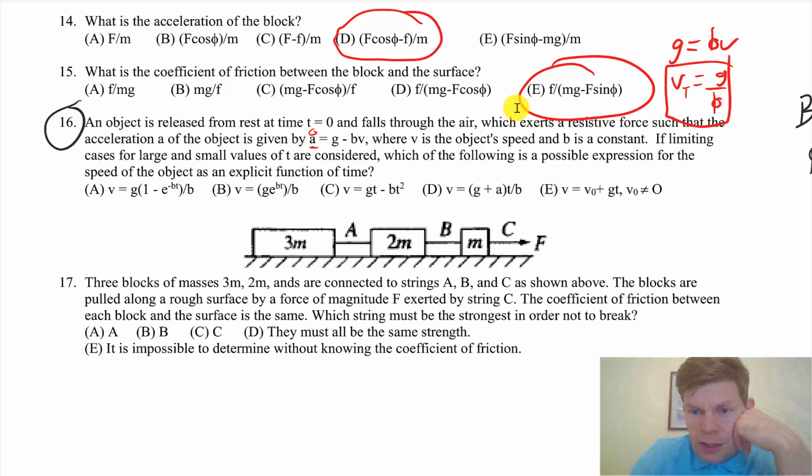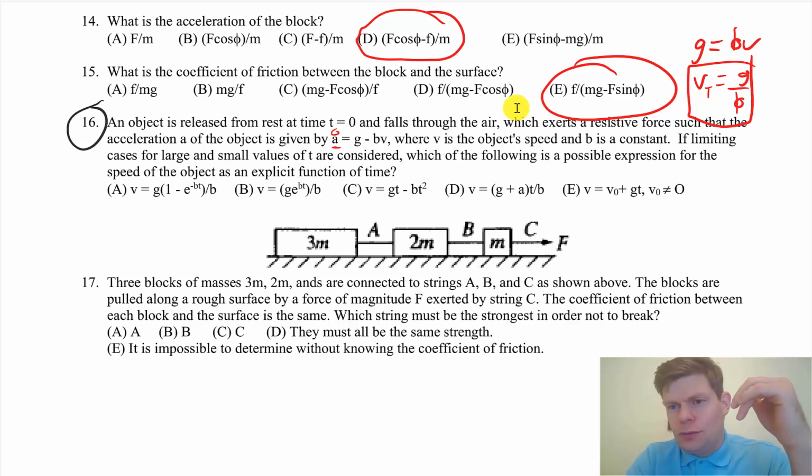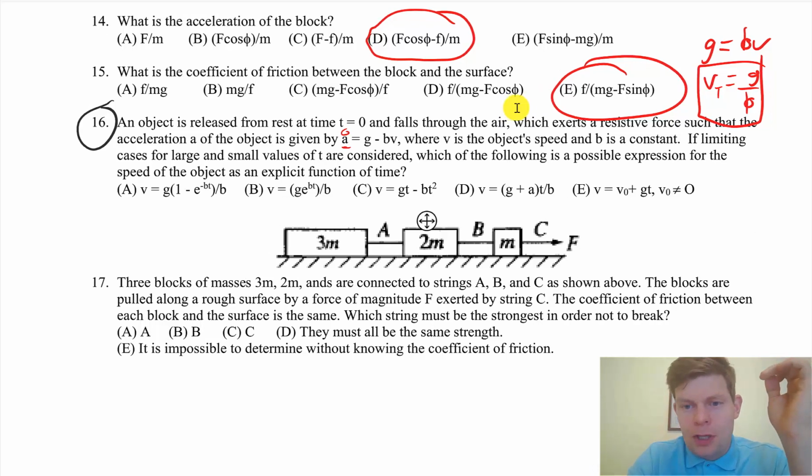So if we look at this one, if v naught is not 0, that can't be true because we released it. It also doesn't work because if t equals infinity, v is infinity. For either your initial condition where it's got to be 0, or your t equals infinity condition where v has to be g over b.